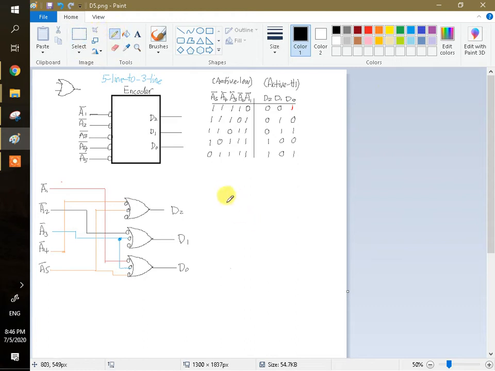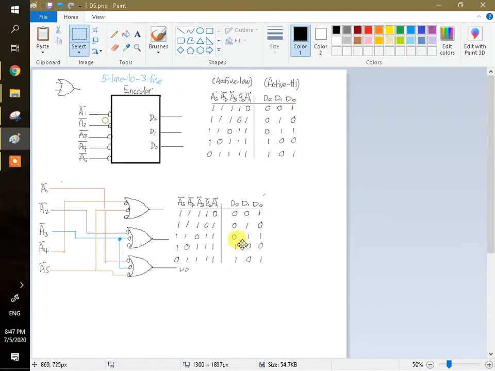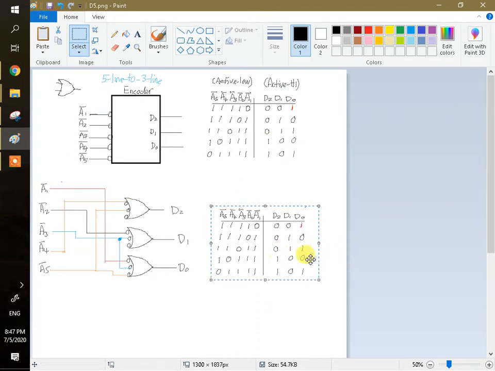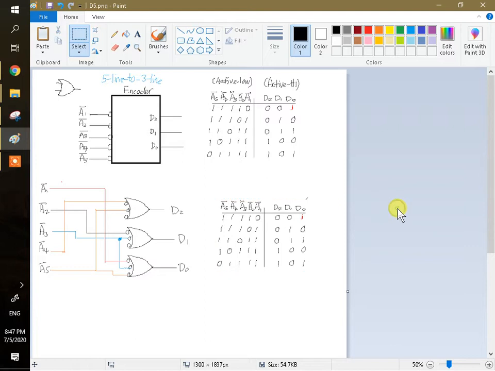Let's redraw this again. Let me copy the whole thing here. This is the case study, we try to solve a problem today. Let's use a different color.